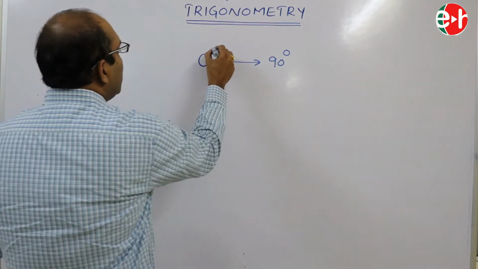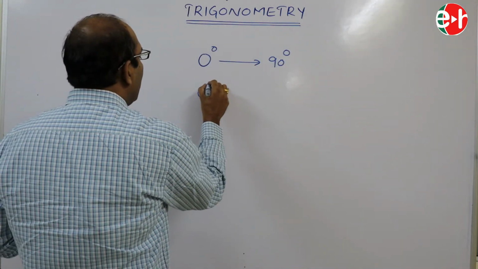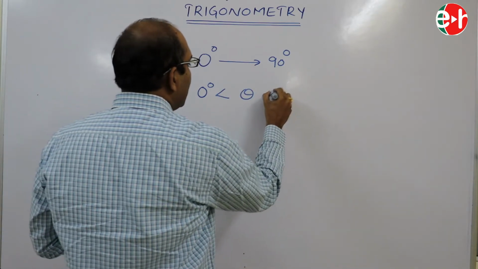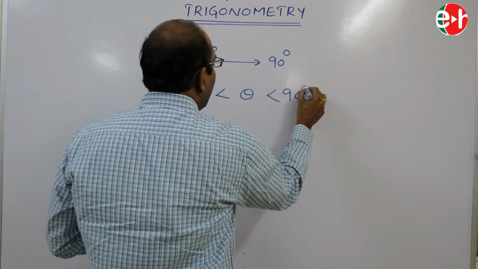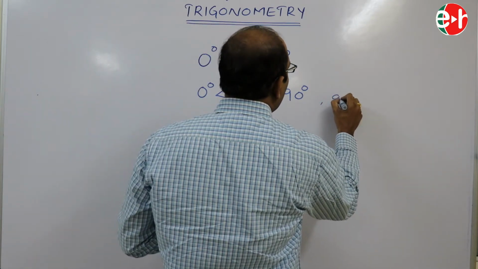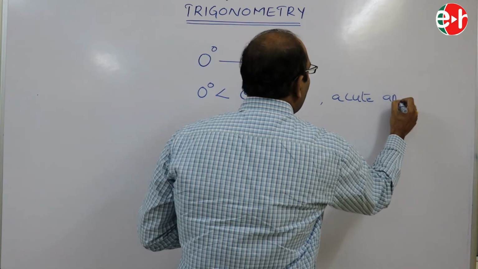That is, 0 degrees is less than theta is less than 90 degrees. It is called an acute angle.